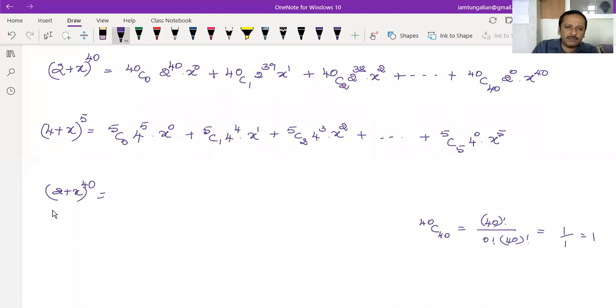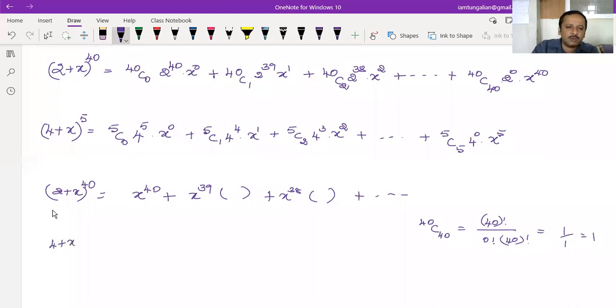So this will give you 1. So 2 plus x whole power 40 is, 2 power 0 is also 1, equal to x power 40 plus x power 39 into some number plus x power 38 into some number, right? Etc.